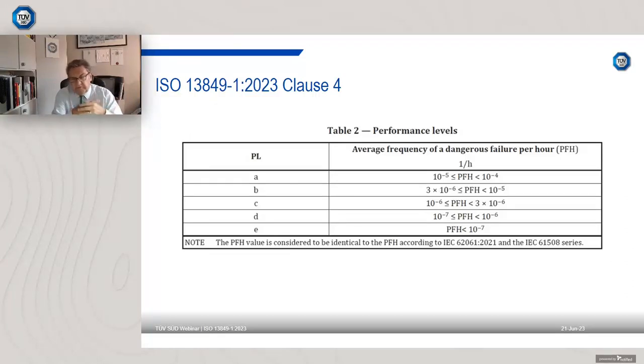So 13849 has come into line with the rest of the functional safety world and is just using the abbreviation PFH. But the values of the targets hasn't changed. The upper limits corresponding to each performance level are still exactly the same as they are in edition 3. So that is not a change as such.